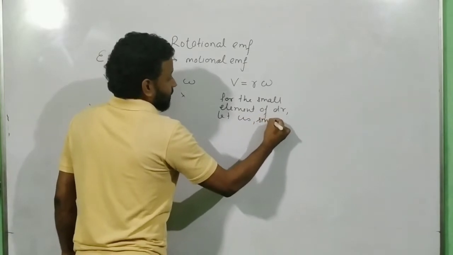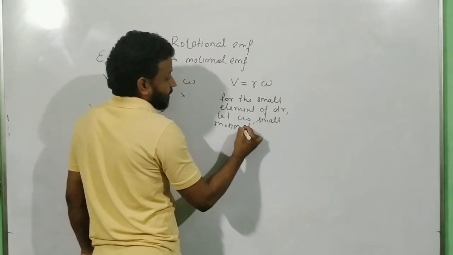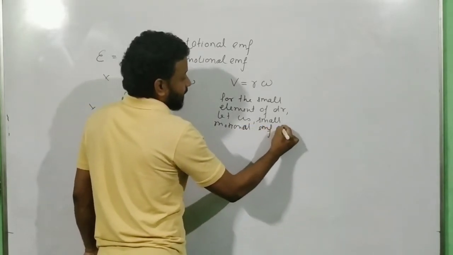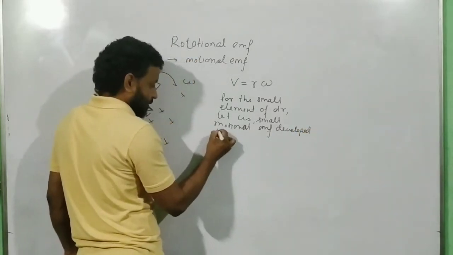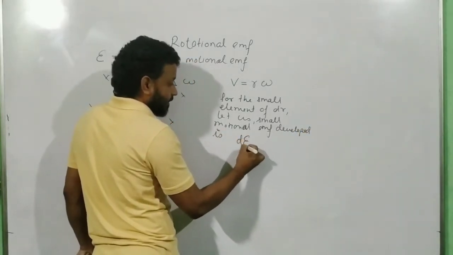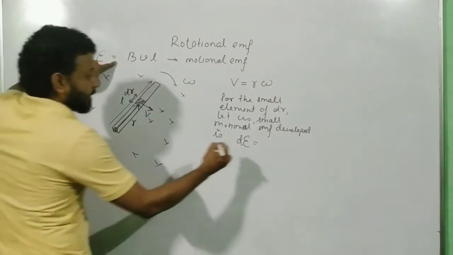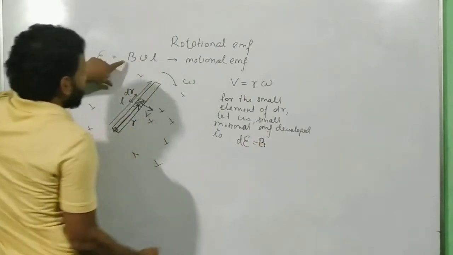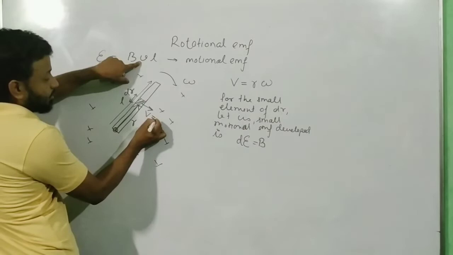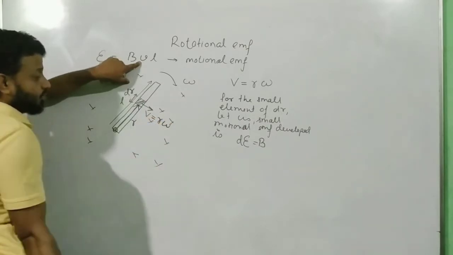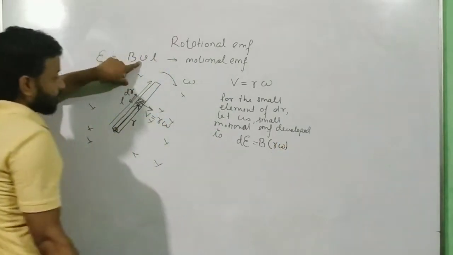small EMF, small motional EMF developed is dE equals to, now look at how I'm going to put the formula. dE equals to field, this is my field B. Velocity, what is the velocity of this? v, and v is equal to r times omega.